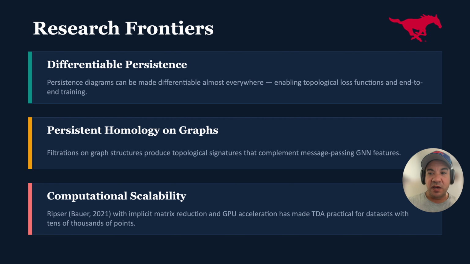By constructing filtrations on graph structures, we can compute topological signatures that complement GNN features. And third, computational scalability. The Ripser algorithm, with implicit matrix reduction, has made TDA practical for datasets with tens of thousands of points.